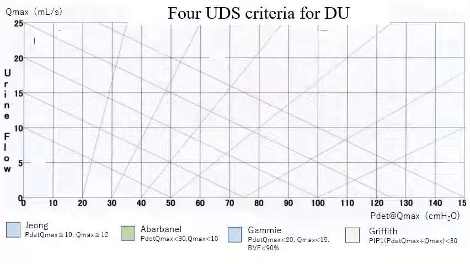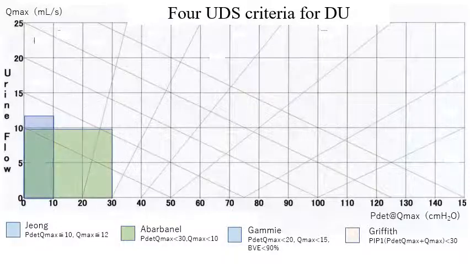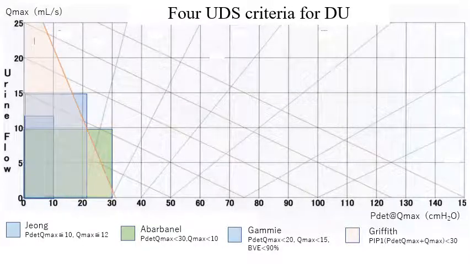For UDS criteria for DU, I made a graph showing PdetQmax on the x-axis and Qmax on the y-axis, like a Schafer nomogram for males. The regions defined by John, Abarbanel, Yami, and Griffiths were overlaid in a Schafer nomogram.